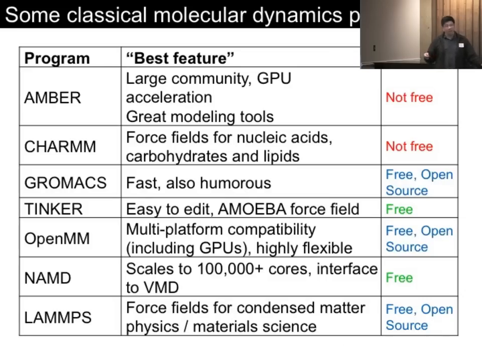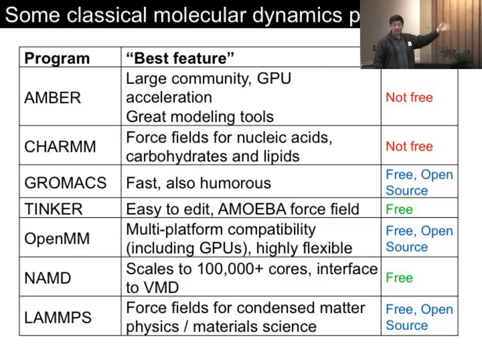So with that, to actually run these simulations, there are several software packages that are available. The one that you are going to be learning about mostly in this workshop is called OpenMM. This is a summary of several software packages, not all of them.